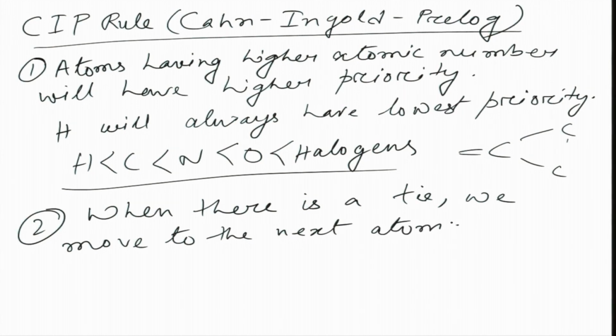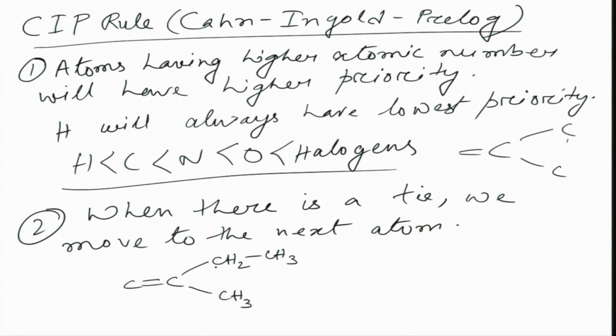How does this work? Let's say this is a double bond and we have one ethyl group here and one methyl group here. Among these two groups, which will be priority 1 and which will be priority 2?